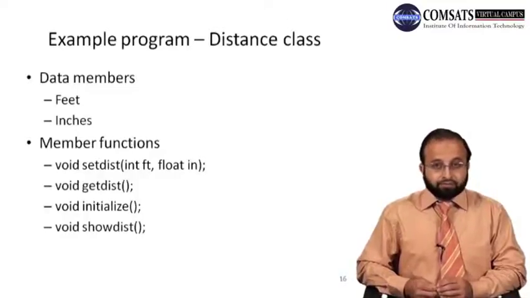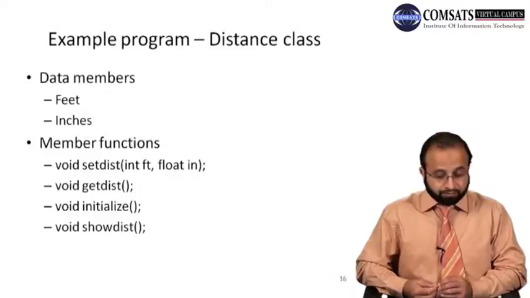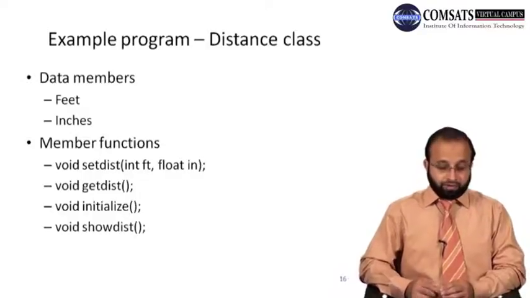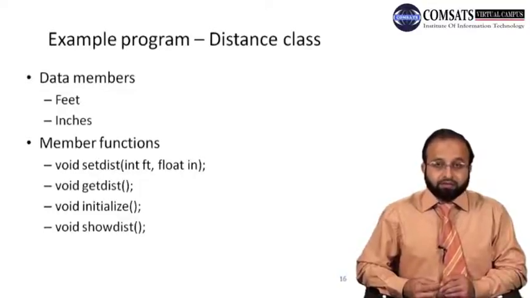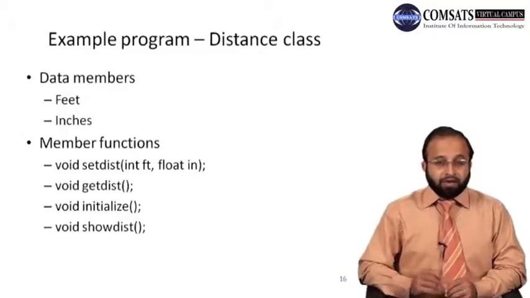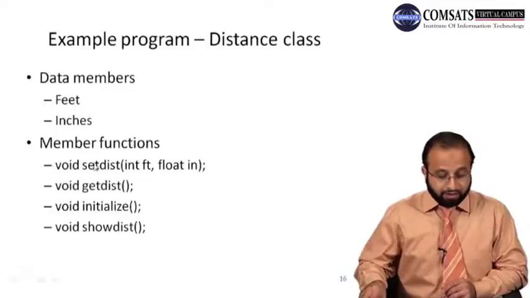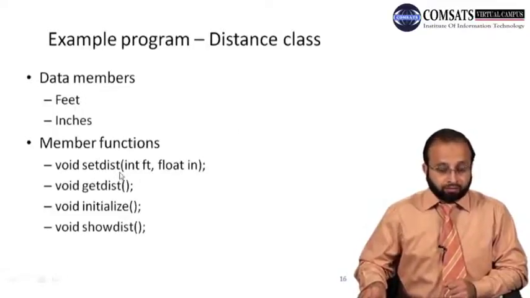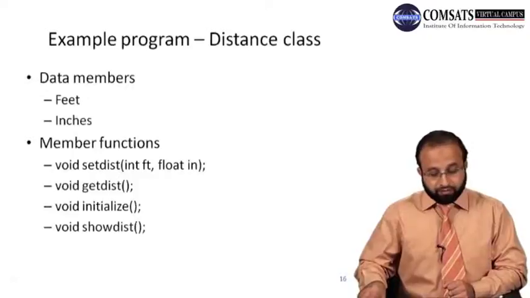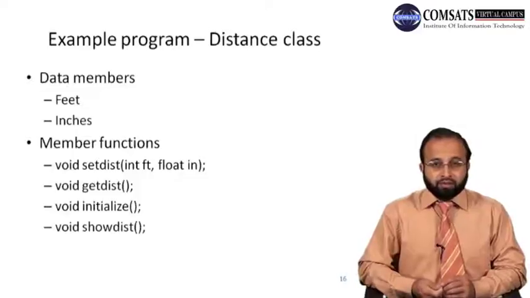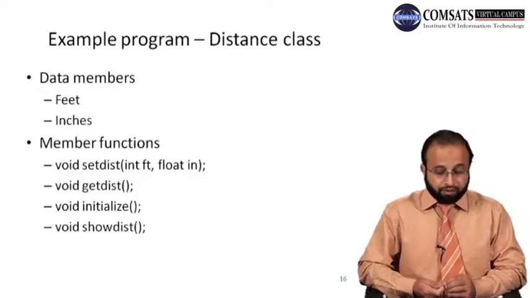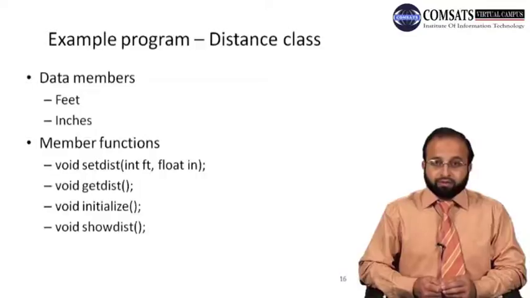Get dest basically gets the value from the user. It's not necessary that the name is get or set, you can write any name for that function. I can write here, let's say ABC, the name of the function, right? But if the name is meaningful, it will be easy for you and for other programmers to see the function and visualize what this function will do.